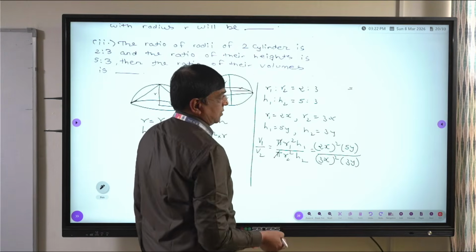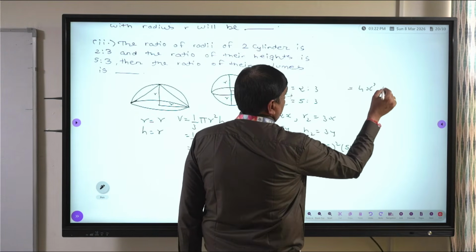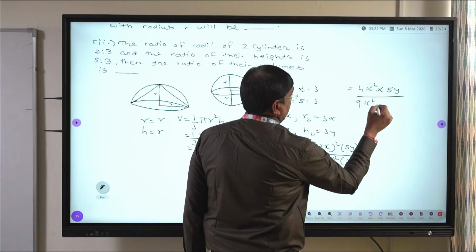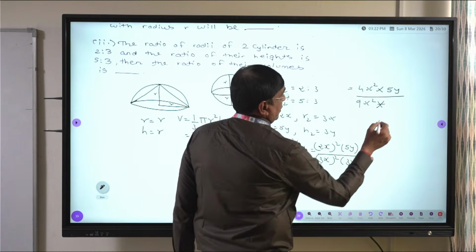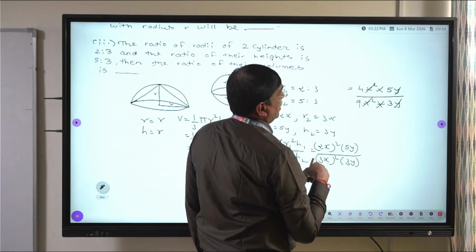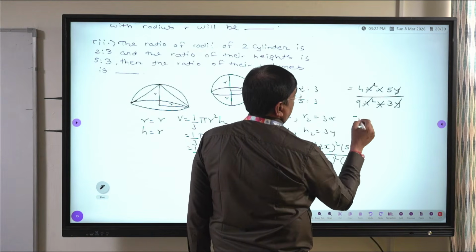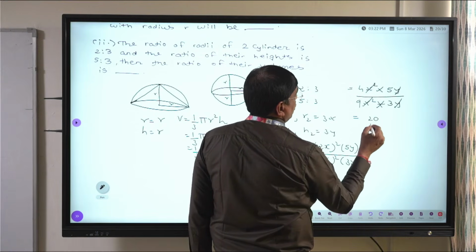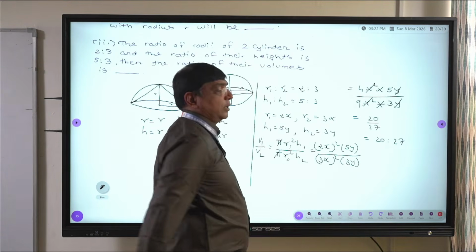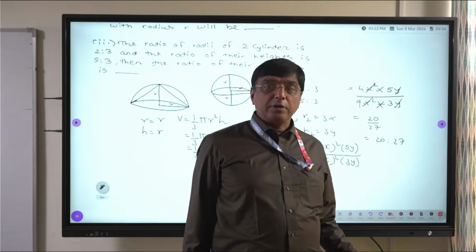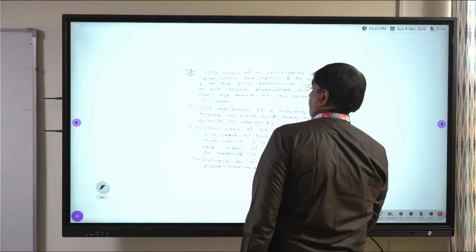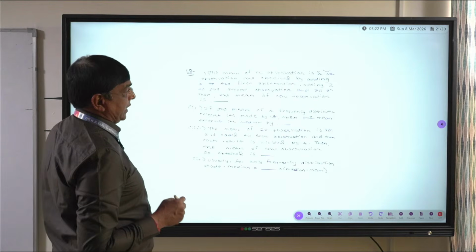It becomes 4x square into 5y, denominator 9x square into 3y, y cut, x square cut, 20 is to 27. So ratio of their volume is 20 is to 27. Next one.